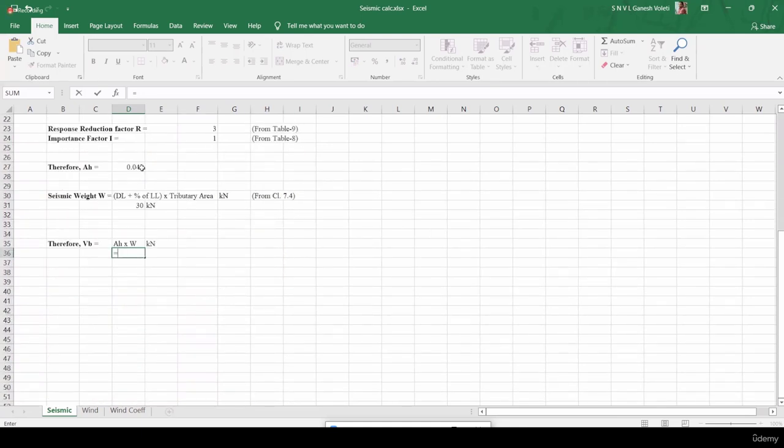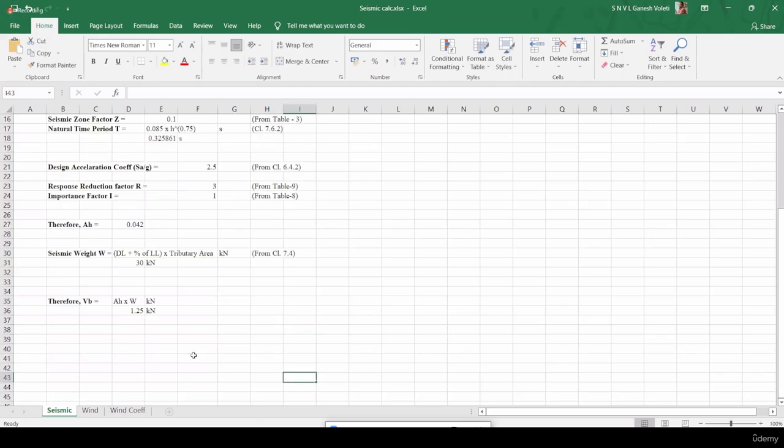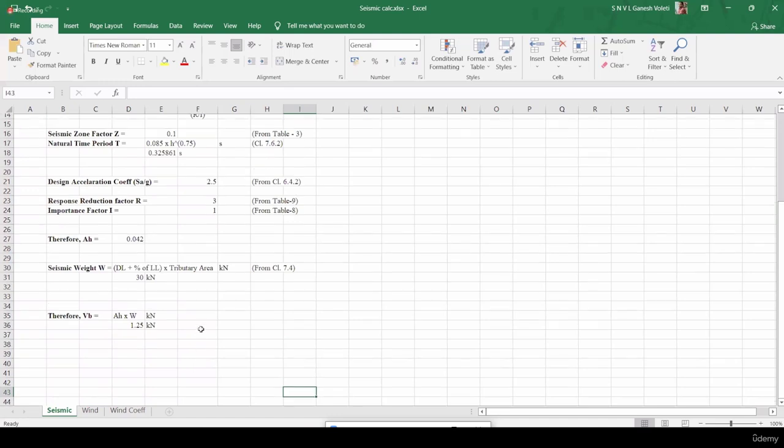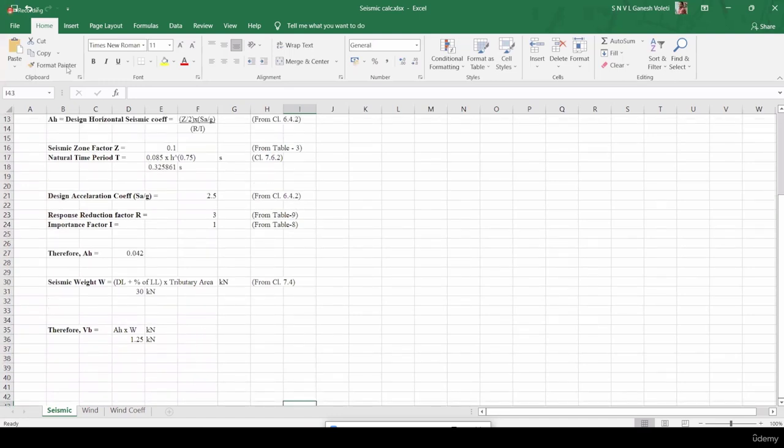So Ah we got here into the seismic weight we got, 30, gives you 1.26 kilonewtons or 1.25 kilonewtons, right? I think all of you got this. So this is how we have to calculate the design base shear.